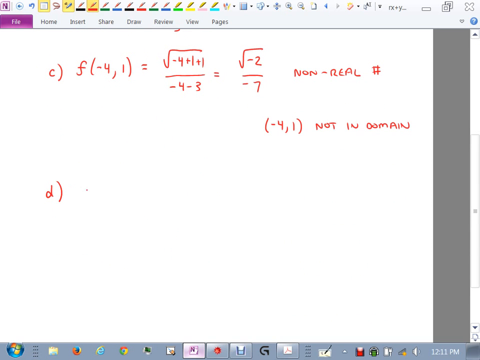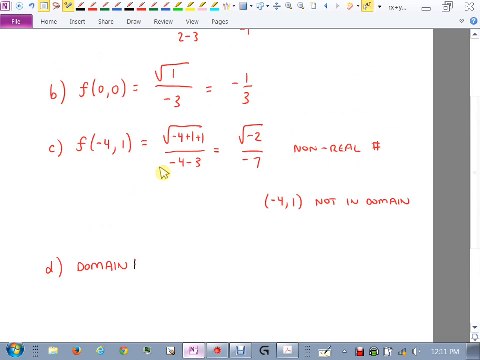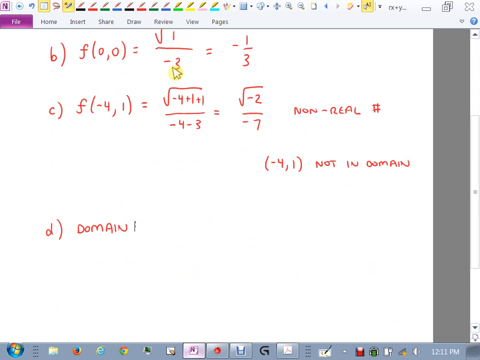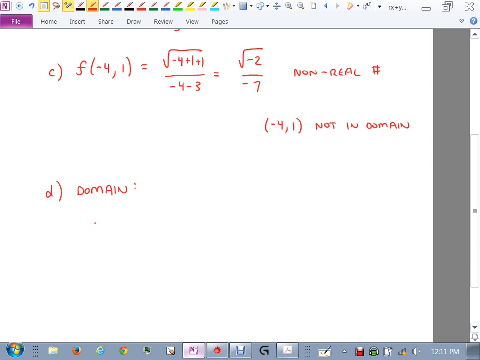So for the domain, let's talk about where we have problems. What are some issues that we have with this function? Can't have a negative under the square root. So the first issue, the radicand, the thing under the square root, has to be greater than or equal to 0. Agreed? What's another issue?